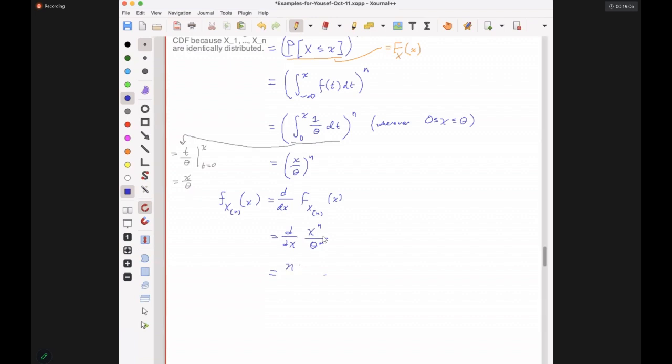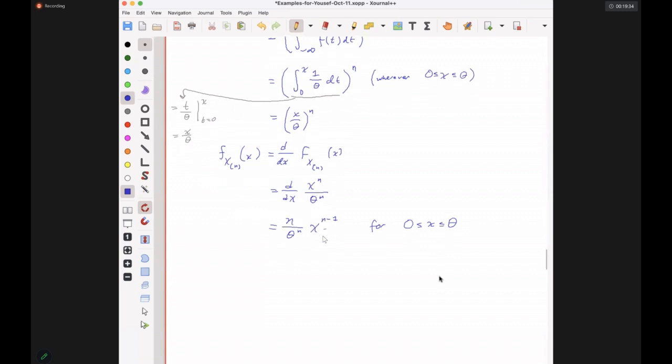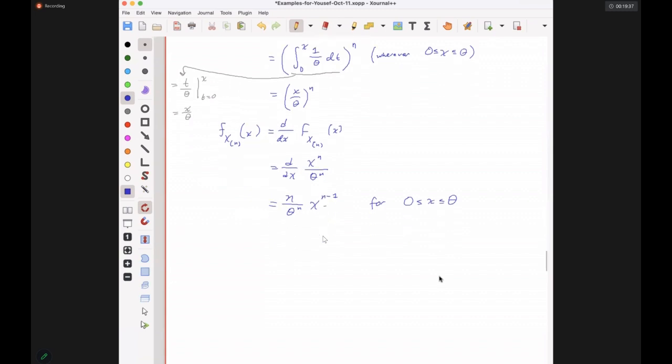It's going to be n times x to the n minus 1 over theta to the n, which is our density for x parentheses n. And of course, this is still for x between 0 and theta. Okay, so now we have what we need in order to find the expectation of x parentheses n.